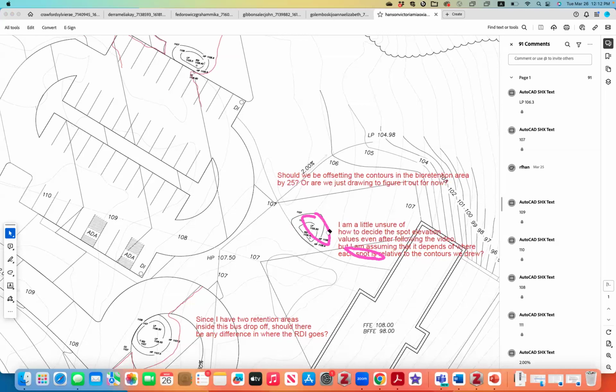Here, if this is vegetated, you are basically dispersing the water downstream. So you don't necessarily have to have a retention area to do that, but it will be good if you have something.